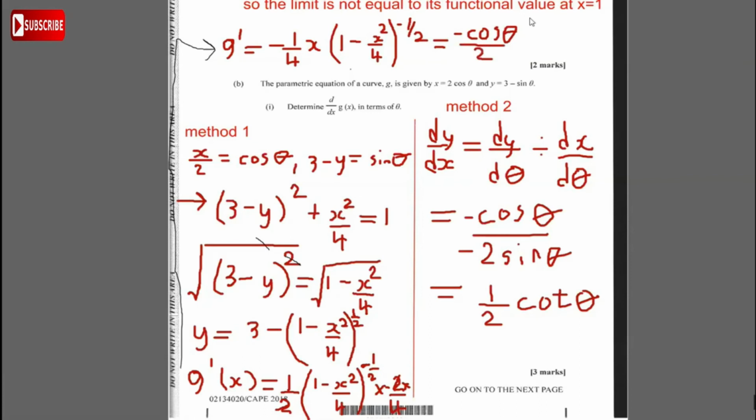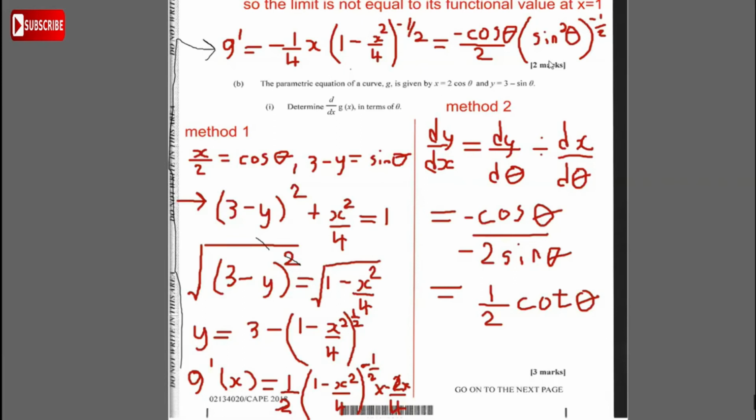And that is now being multiplied by, in this bracket where you have x squared over 4, x squared over 4 is going to be cos squared theta, and 1 minus cos squared theta is sine squared theta. So 1 minus x squared over 4 is sine squared theta, and it's sine squared theta to the minus half.